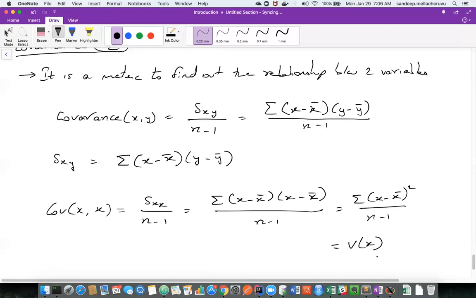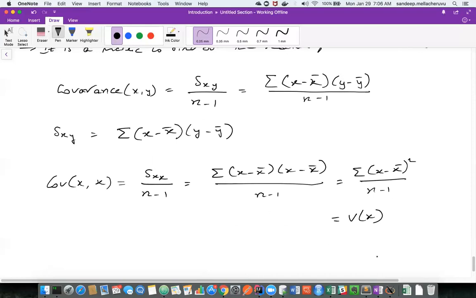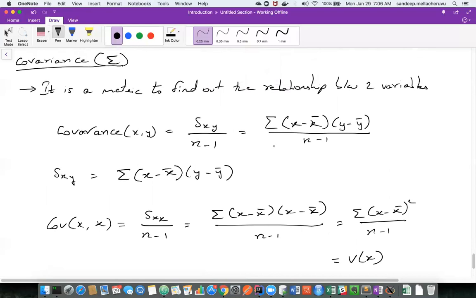Is that clear? So covariance of x comma x is nothing but variance of x, and covariance of y comma y is nothing but variance of y. So covariance is a modified version of your variance formula.